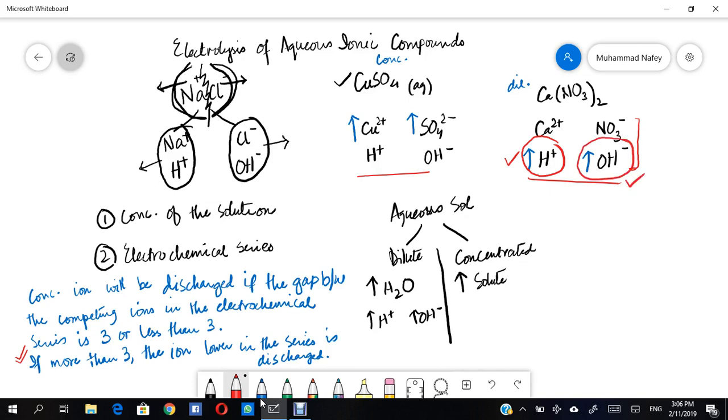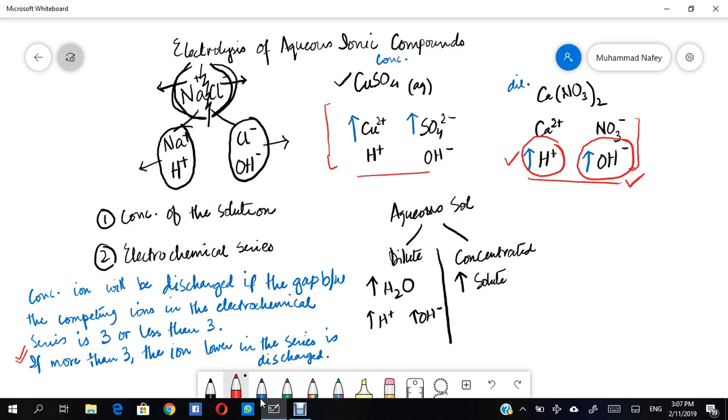Coming to electrolysis of concentrated copper sulfate. Concentrated copper sulfate means that we have proportionately greater amounts of copper ions and sulfate ions in the solution. Copper is concentrated, and therefore, according to the rule, the concentrated ion will be discharged if the gap between the competing ions in the electrochemical series is 3 or less than 3.